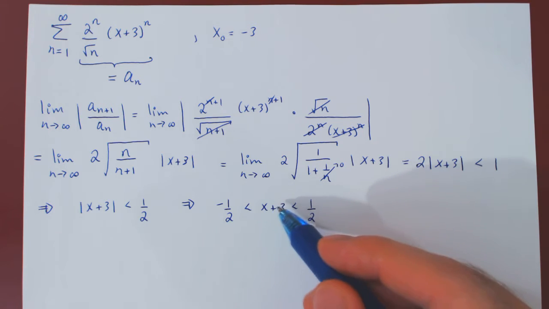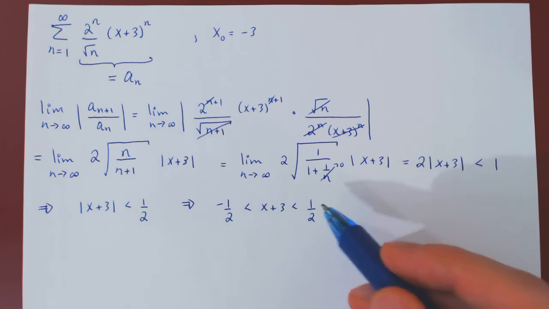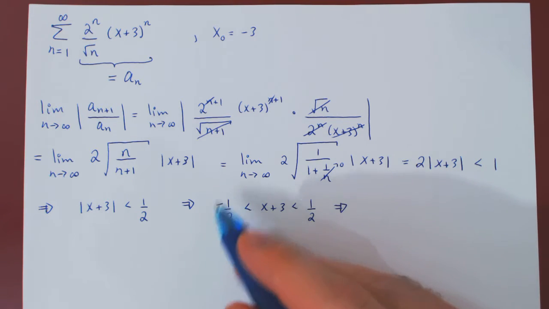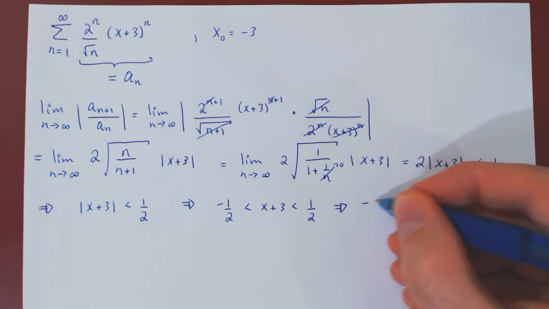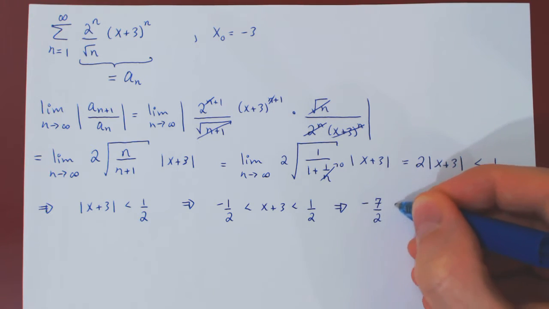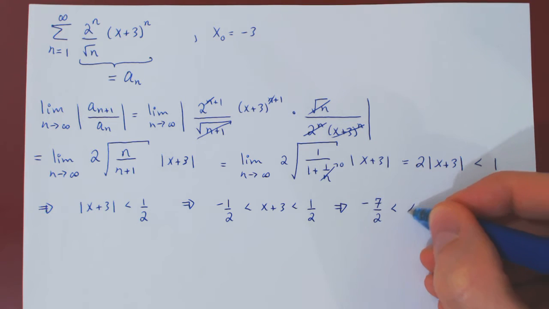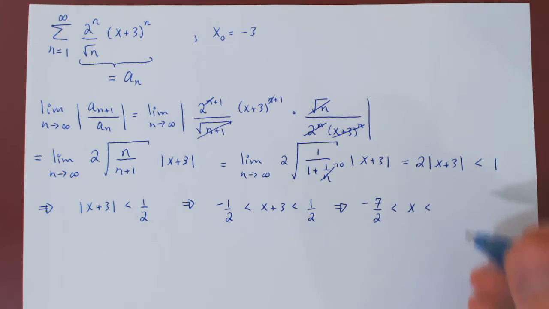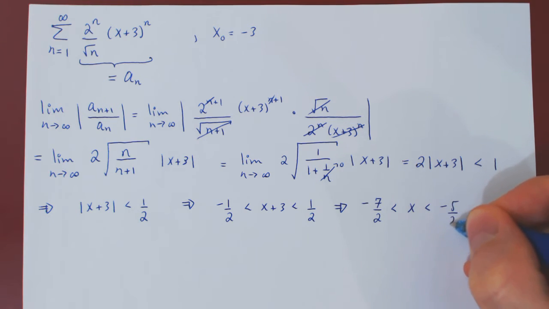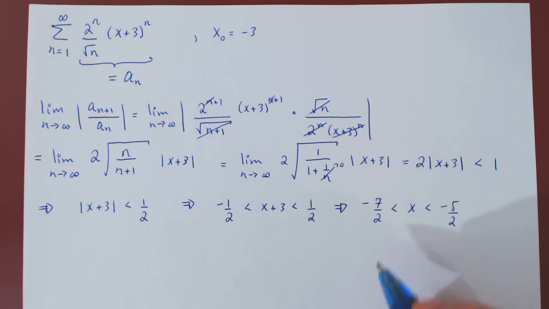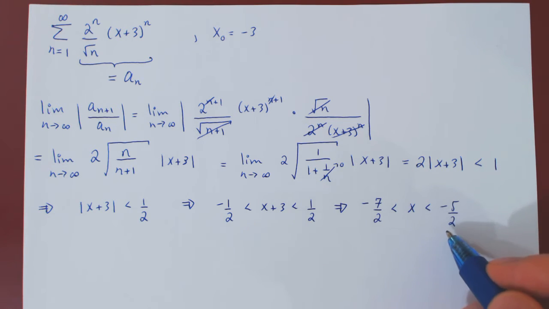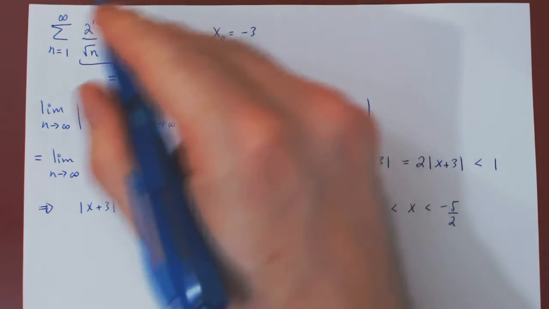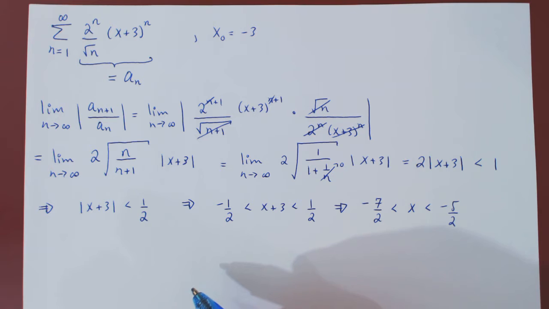We want to isolate for x, so we have to subtract 3 across both inequalities, which will leave us with, well, negative 1/2 minus 3 is negative 7 over 2. x plus 3 minus 3 is x. 1/2 minus 3 is negative 5 over 2. So for values of x that lie between negative 7 over 2 and negative 5 over 2, this inequality is satisfied. Therefore, by the ratio test, the power series converges absolutely.